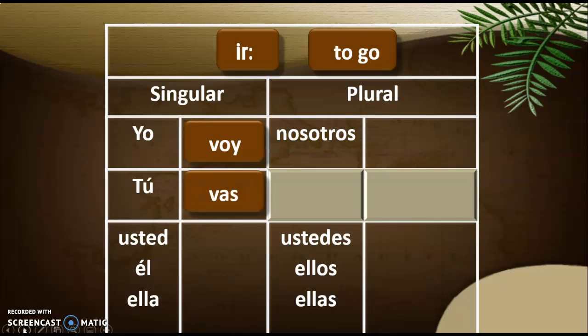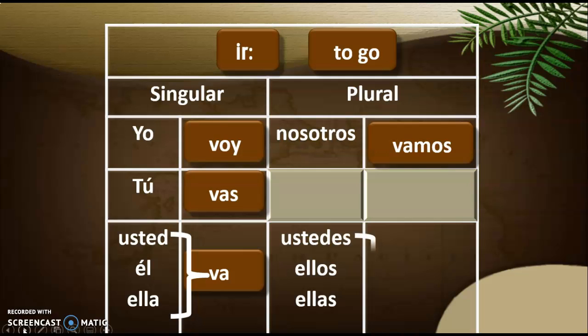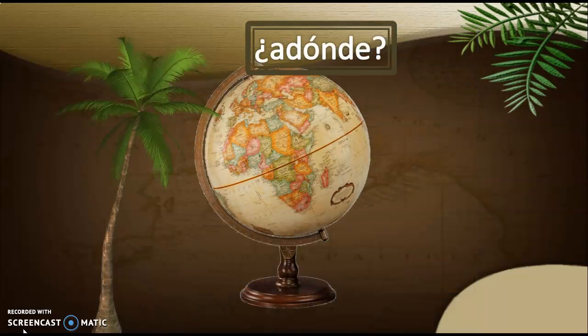If your subject is usted, él, or ella, the verb form will be va. For nosotros, the verb form is vamos, and for ustedes, ellos, and ellas, the verb form is van. Voy, vas, va, vamos, van. There's no way to add endings to this verb. You just have to memorize it because it's an irregular verb.